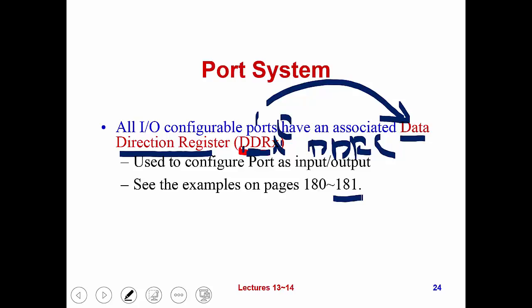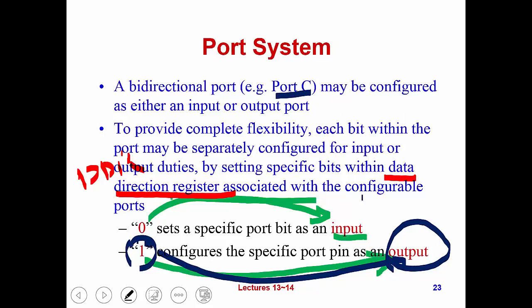When we configure port C, all 8 pins to be input port pins, we make all values 0. That's why in the second line we equate DDRC INI to be 0, 0, 0, 0, 0, 0, 0, 0. That's going to make all the pins input pins.